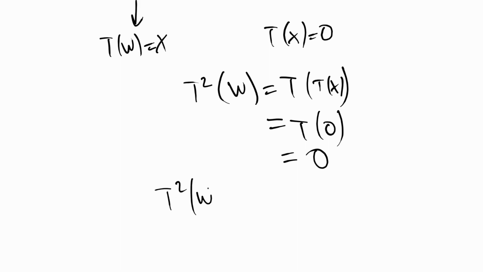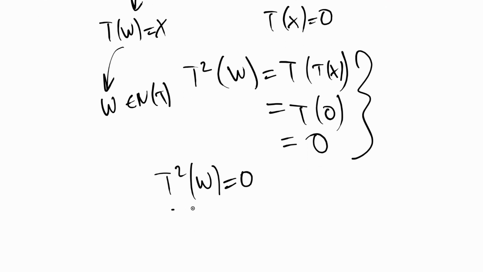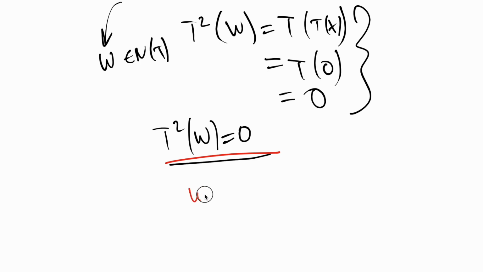So we have T²(w) equal to 0, and we then established that x being equal to 0 is the same as showing that w is in the null space of T. Then we go through this computation and we get this equation, and after getting the equation that T²(w) is equal to 0, we note that w must be in the null space of T².